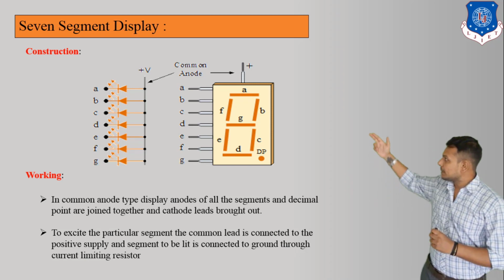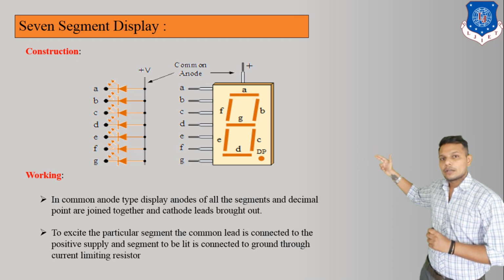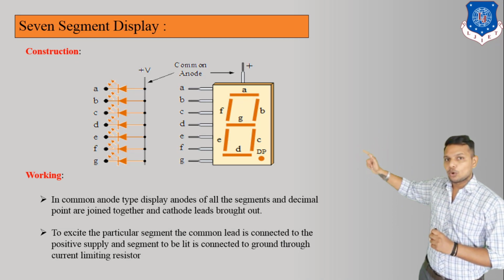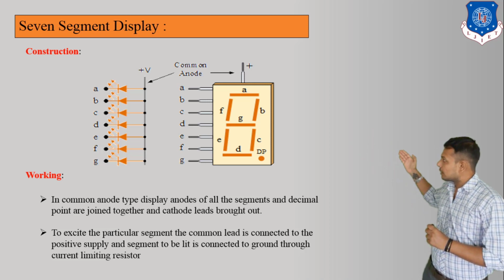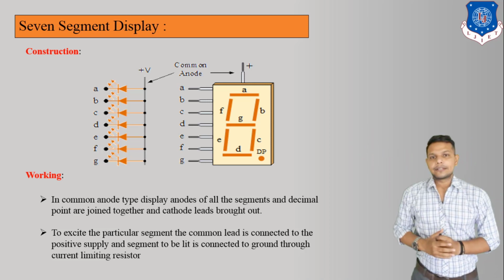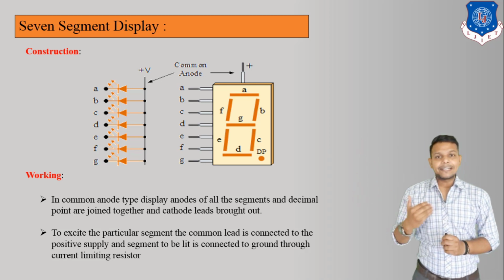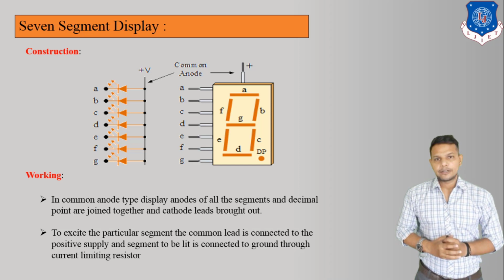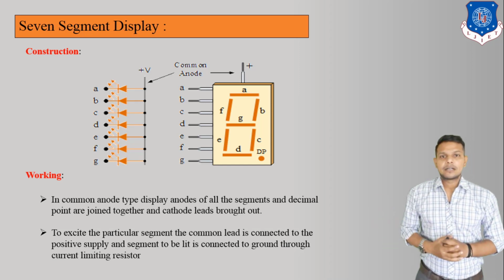So here we can see B and C are connected with the ground. That means current flows from anode to cathode, so it emits light at B and C. So it represents number 1. In this manner, it represents the numbers 0 to 9.